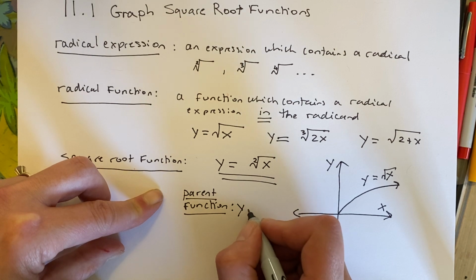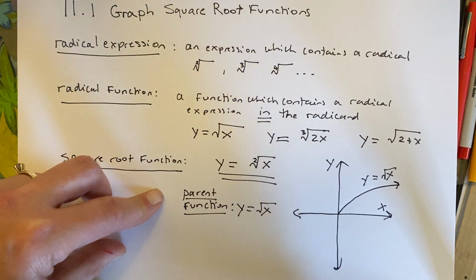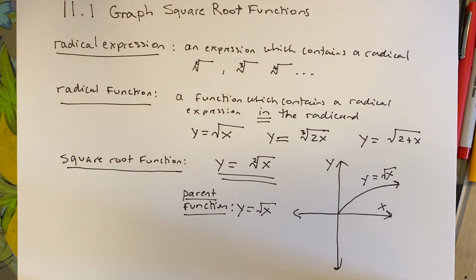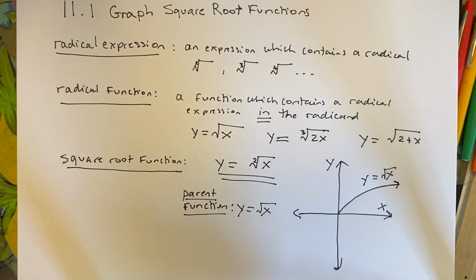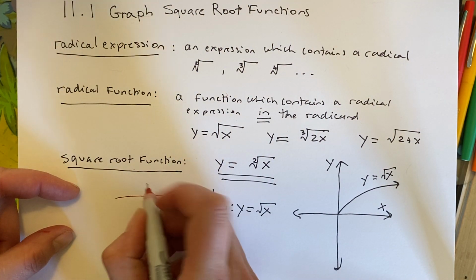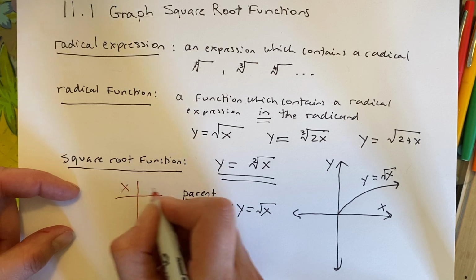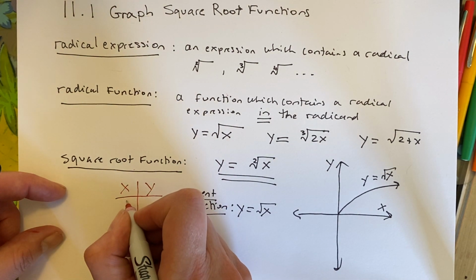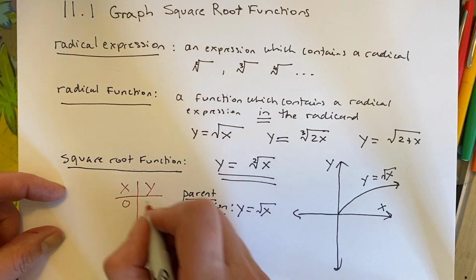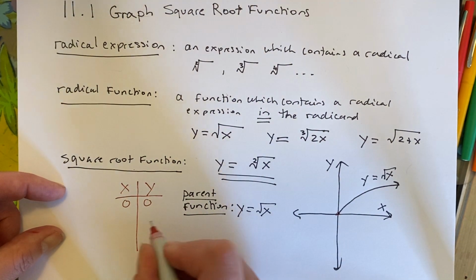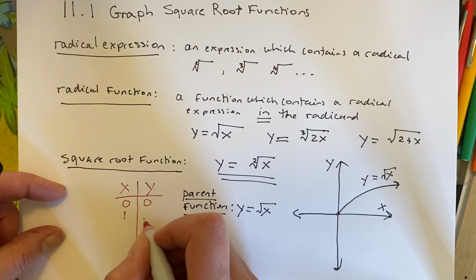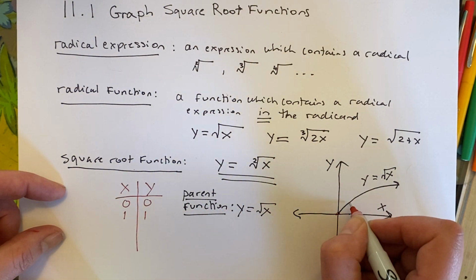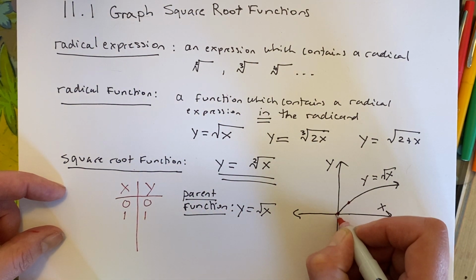The book does not do this, but just to give you a sense for how the function gets that shape, I'm going to find the xy values over here. We're going to start with 0. If x is 0, y is 0. If x is 1, y is 1. So far it starts looking like a parabola, right?